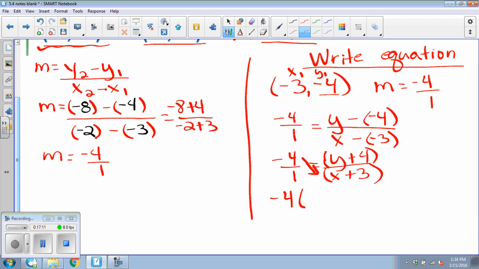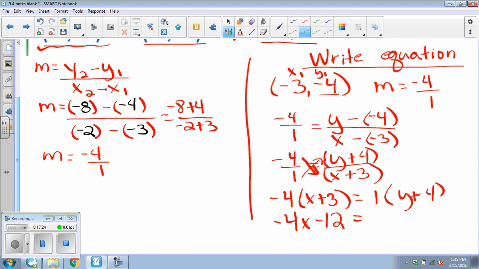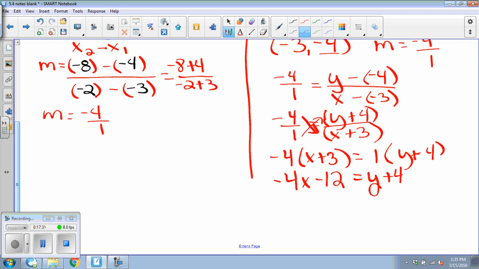So it's negative 4 times x plus 3 equals 1 times y plus 4. So that's negative 4x minus 12 equals y plus 4. Now once we subtract 4 from both sides, you get y equals negative 4x minus 16.